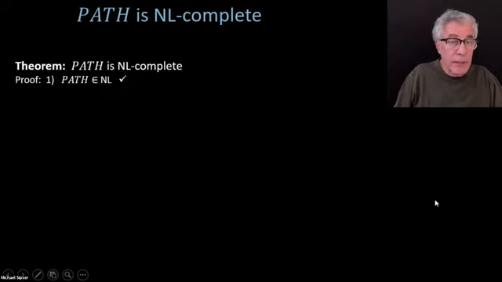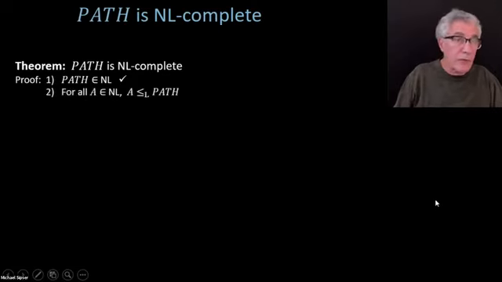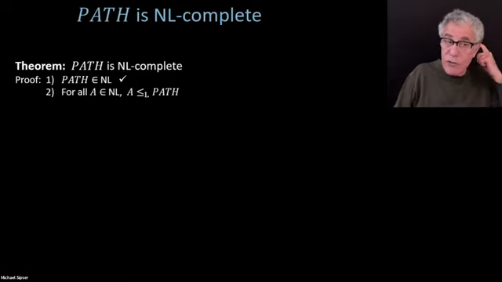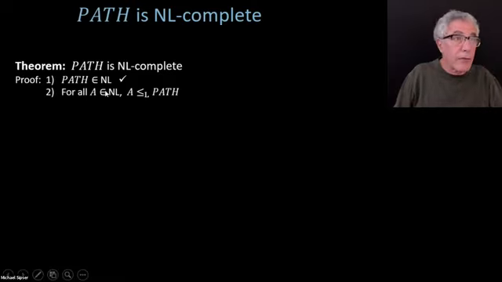So first of all, the two components of being complete are being in the language and the reduction part. That path is in NL we've shown already. Now we want to show that any other language in NL is log space reducible to path.